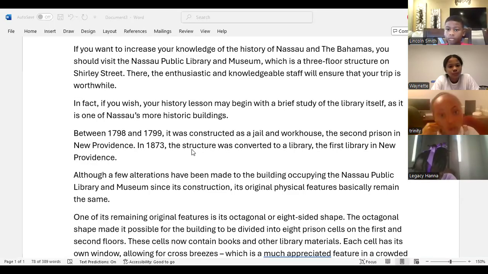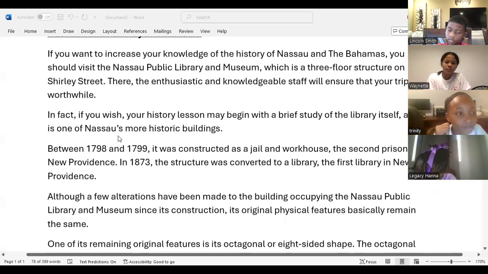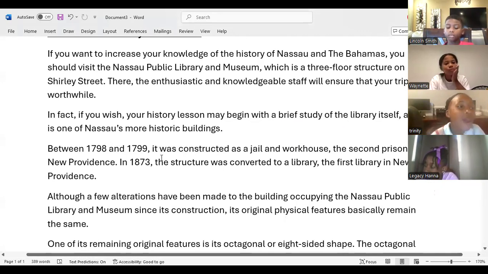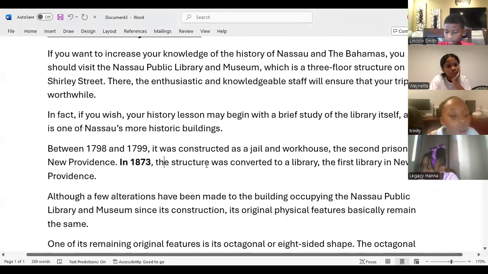The passage said, if you look carefully, it says between 1798 and 1799, it was what? Constructed. That means it was made. But in 1873, what happened? It was converted into a what?